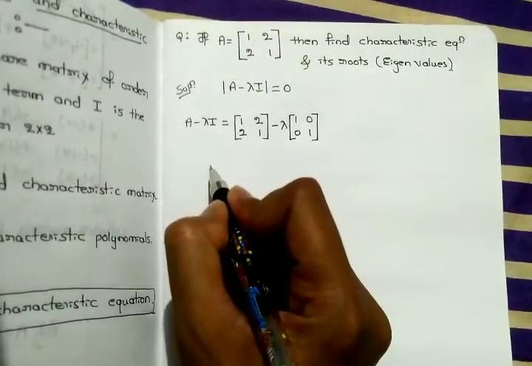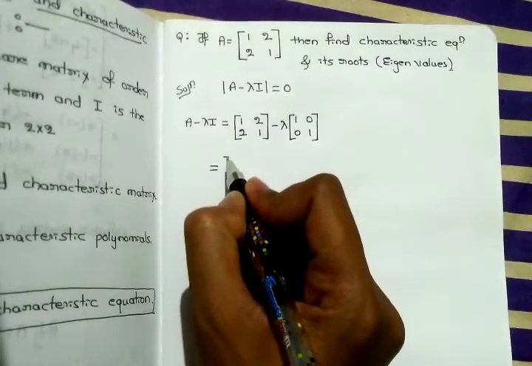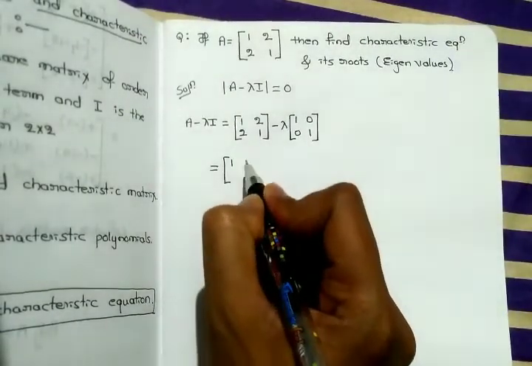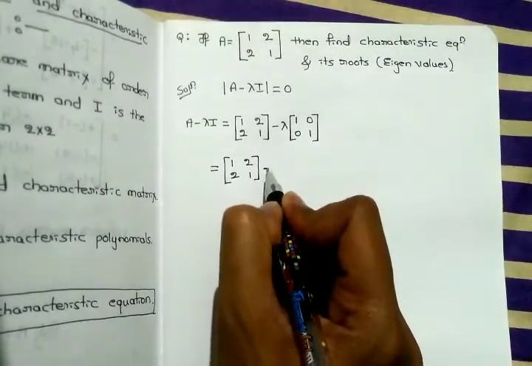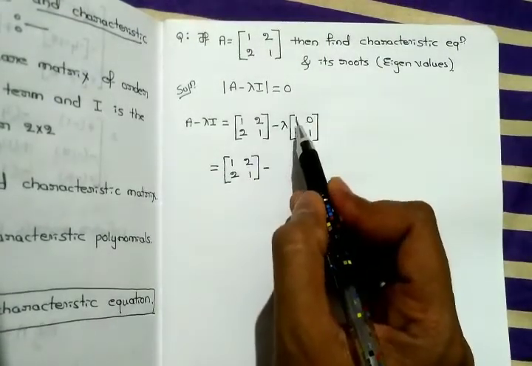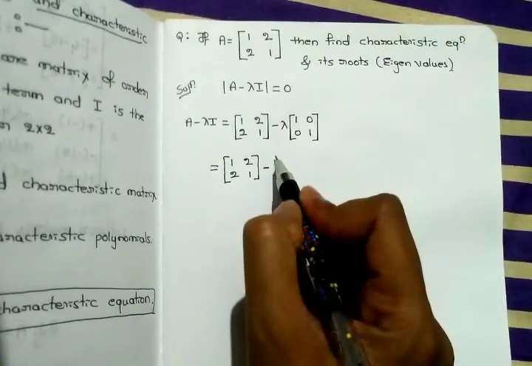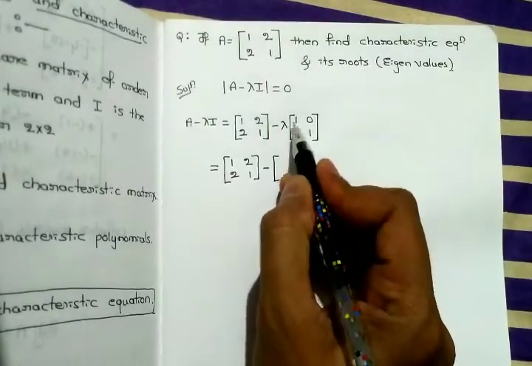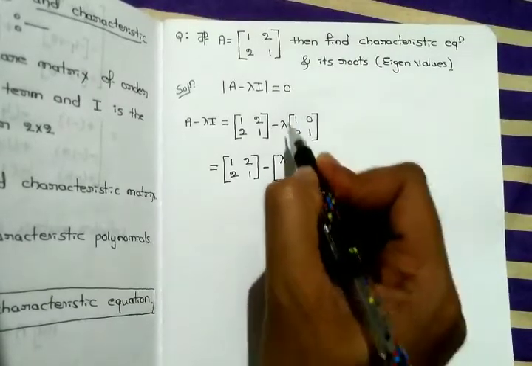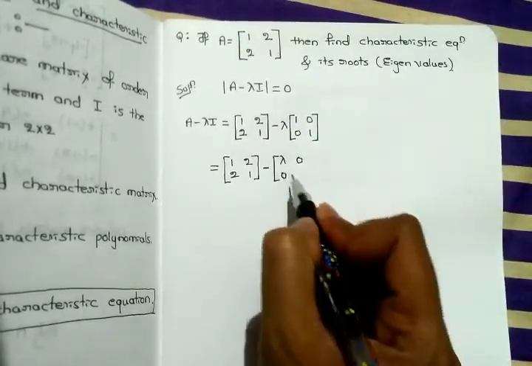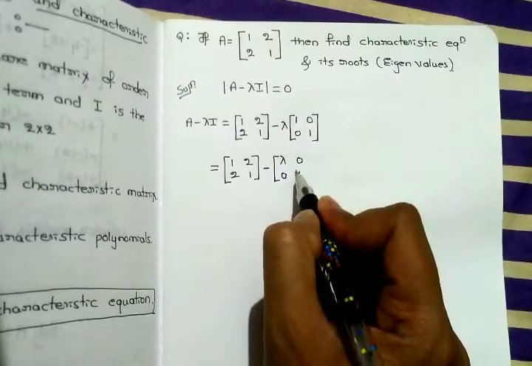So it equals the first matrix 1 2 2 1 minus, first multiplying lambda with all 4 elements: lambda into 1 is lambda, lambda into 0 is 0, lambda into 0 is 0, lambda into 1 is lambda.